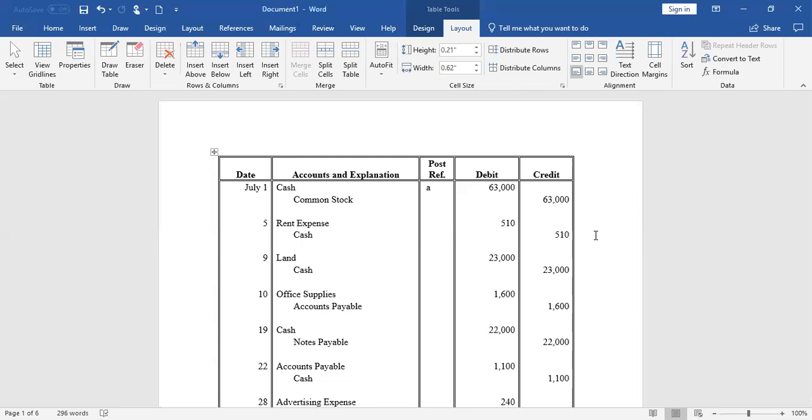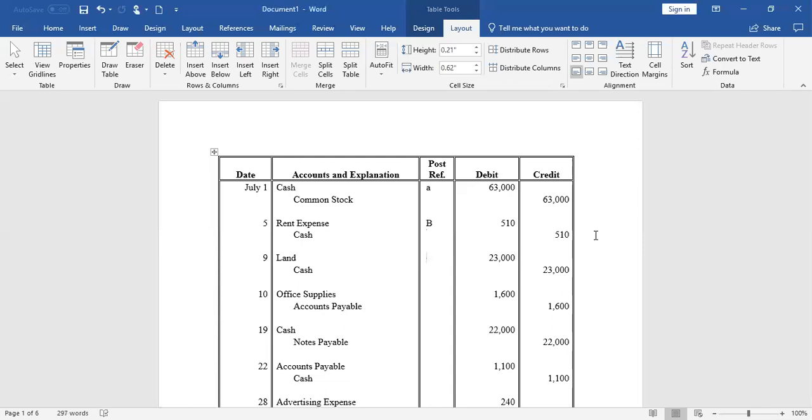We must accumulate all the dollar amounts we have for rent expense for a period of time in that account. So we increase the rent expense account, and that increases on the debit side. All expenses increase on the debit side. Cash is decreasing. It's an asset. An asset decreases on the credit side. And I'm going to make a little B there to identify that as my journal entry B.